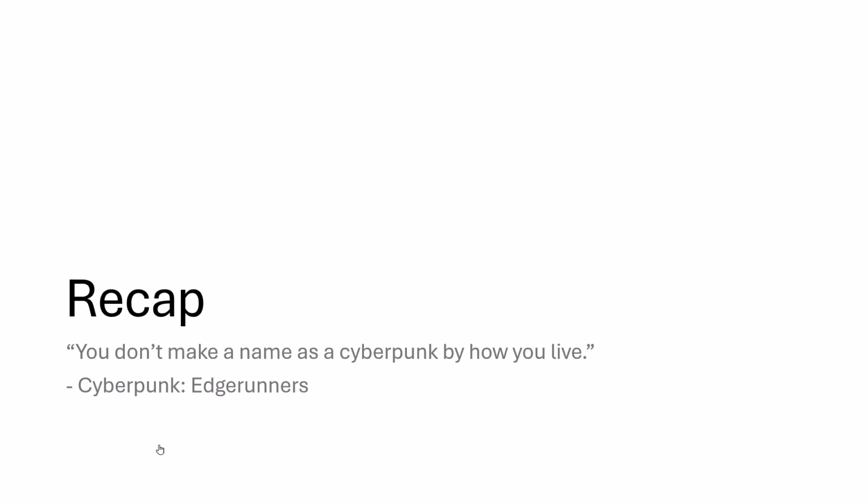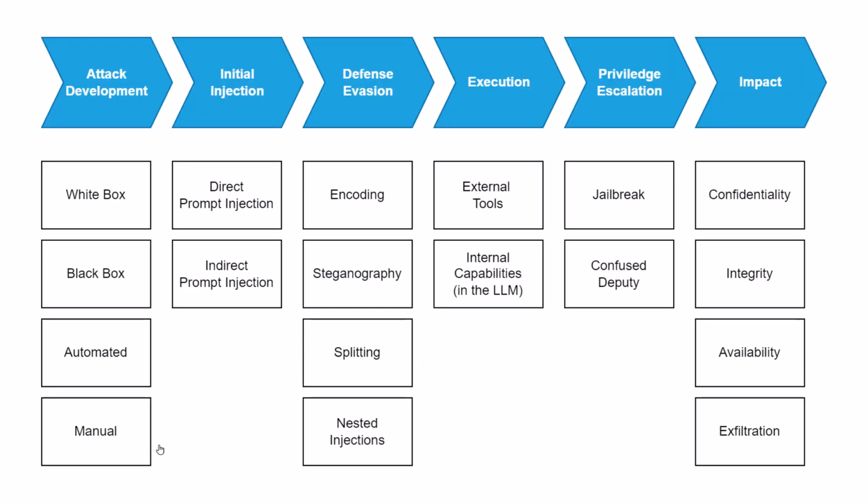So overall, to recap, we have the attack graph or the attack flow. We start with attack deployment. We do that initial injection. So we talked about indirect and direct prompt injections, types of evasion techniques, and execution.